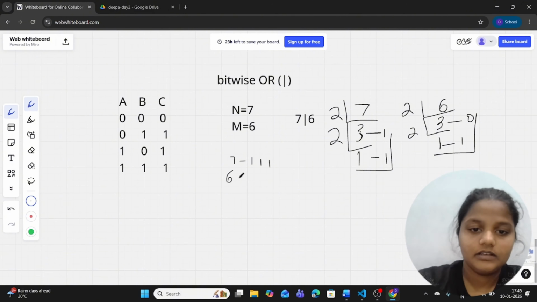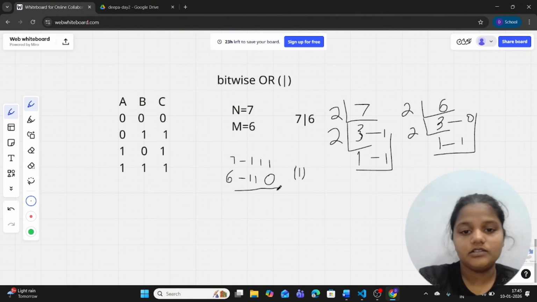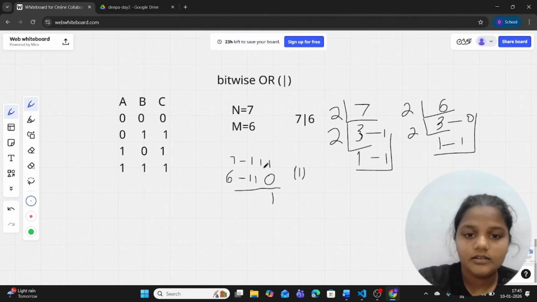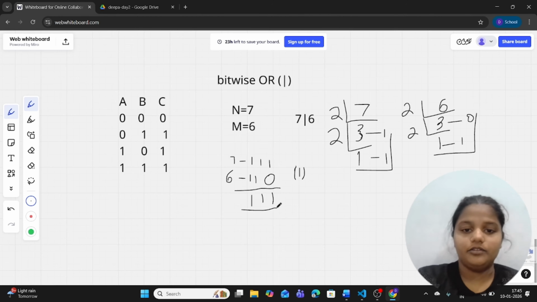Then for 6, our binary value is 110. So we want to do OR between these. What is 1 OR 0? 1. 1 OR 1? 1. 1 OR 1? 1. So this is our final binary value.